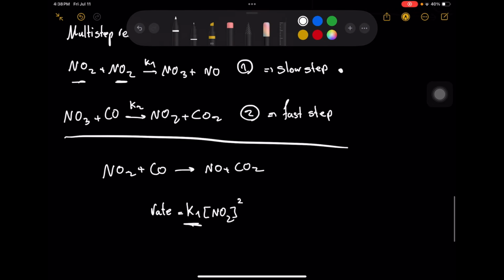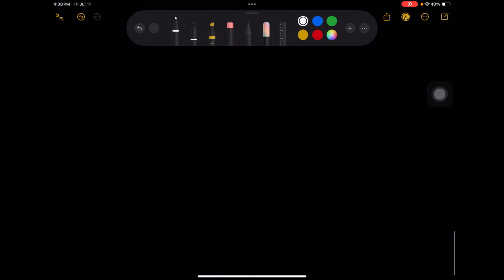And then if we have a multi-step reaction with an initial fast step, the thing would be different.